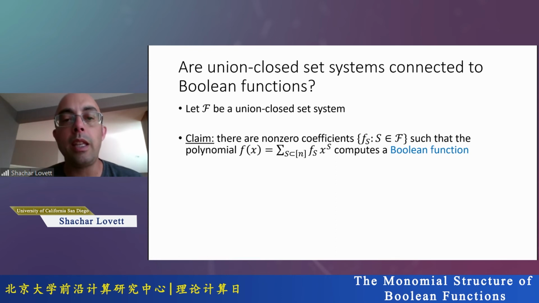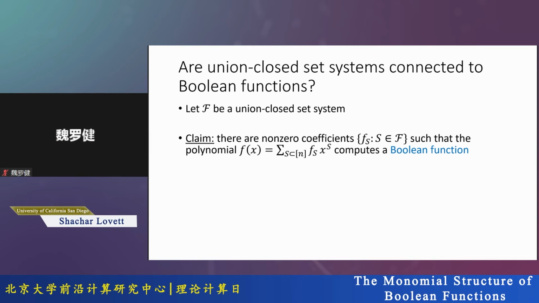If you give me any union closed set system, I can always find non-zero coefficients for the elements in this set system, such that if I write the corresponding polynomial, it's going to compute a Boolean function. So we can really view union closed set systems as corresponding to special cases of Boolean functions.